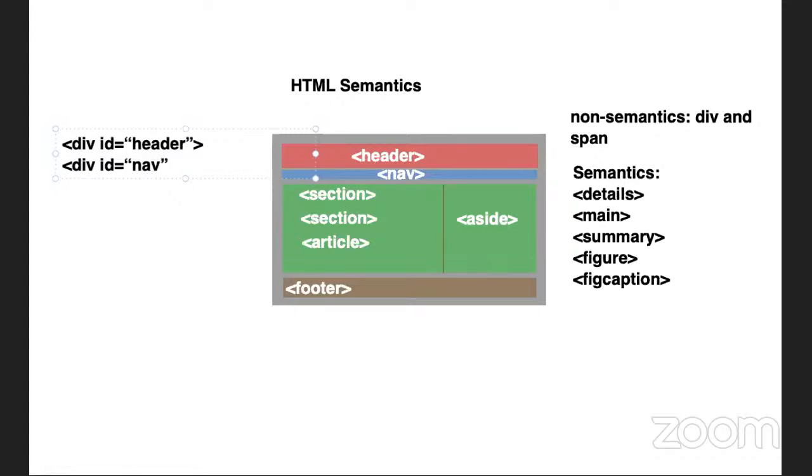Then I will create another div and ID it as main, or something like this. And inside this, I create another div and I ID it as section. So this was happening for a long time.